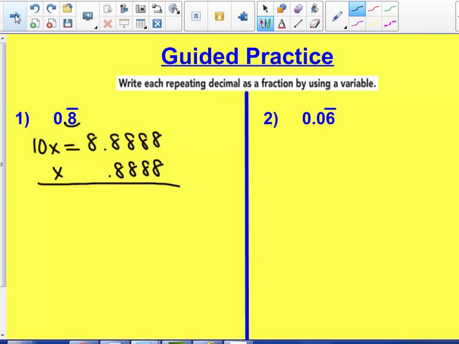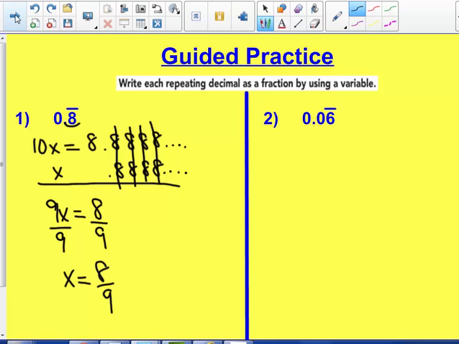If I subtract, I get 9x's equals, those all go away, 8. If I divide by 9, what fraction, homeroom, do I get? 8 over 9. Did you know that 8 divided by 9 is 0.888888888?